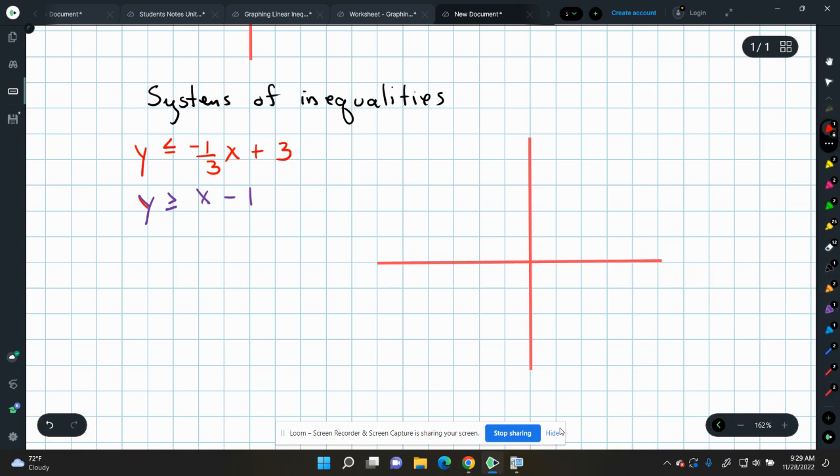I'm looking at a y-intercept of 3, and it has a slope of negative 1/3, so I'm going to go down 1 and to the right 3, or we could go up 1 and to the left 3. There's a line under it, so that means it is a solid line.